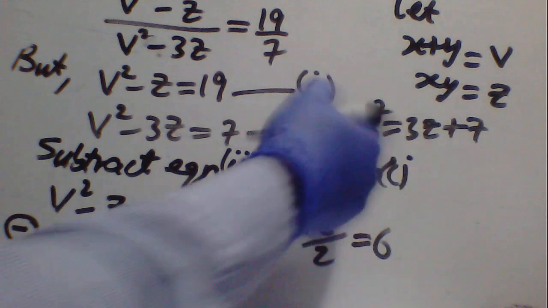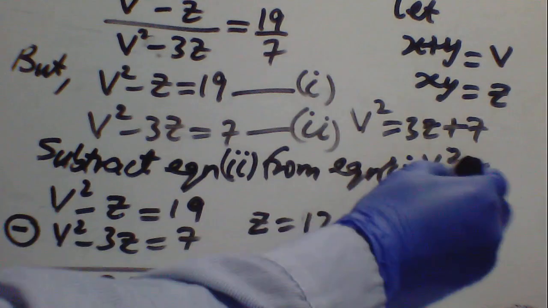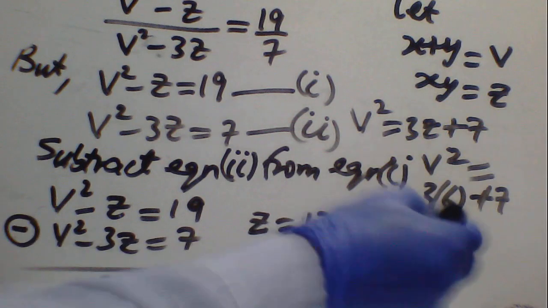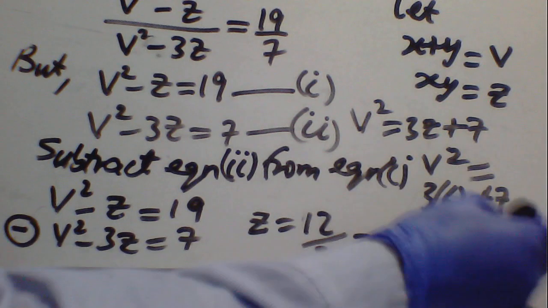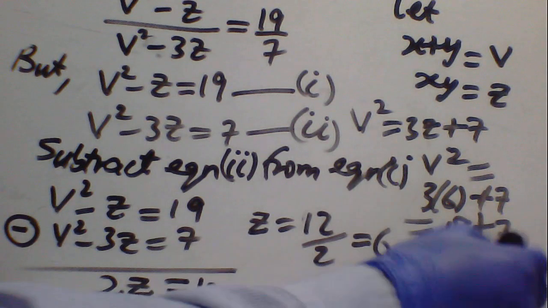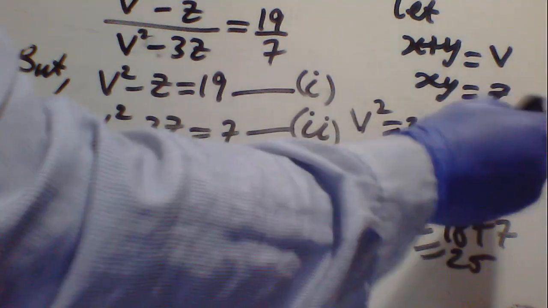So z is 6. So from here you have v squared is equals to 3 in bracket 6 plus 7. This is 18. 18 plus 7 will give us 25. So v squared is equals to 25.